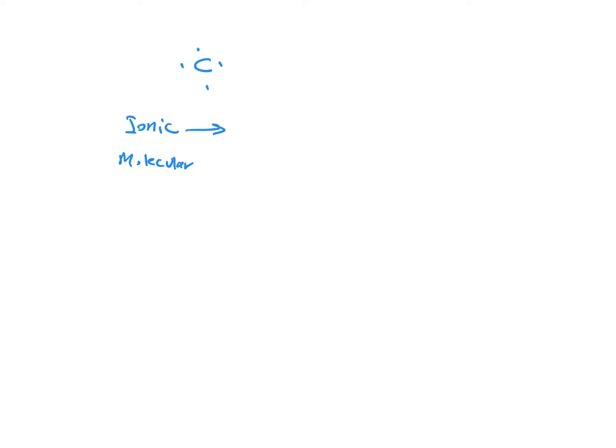So ionic compounds contain cations and anions, and cations have positive charge, anions have negative charge.